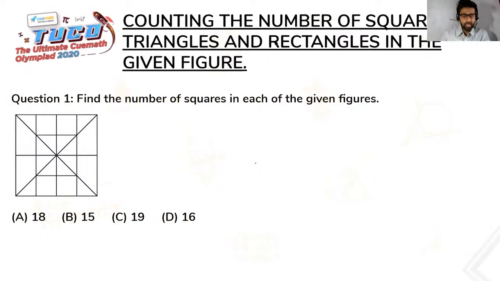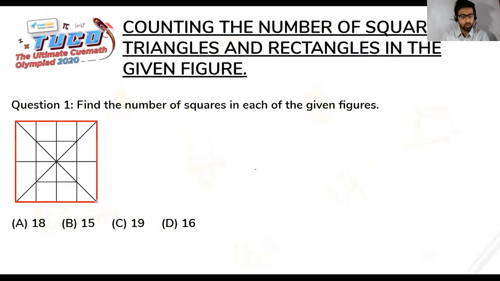So what we'll do in this case is that we'll try to look into the bigger picture. We'll try to look at the most outer square presented to us. So if you can look carefully, you'll see that we have one square over here, isn't it? Okay, so that's if I consider the whole thing as one.